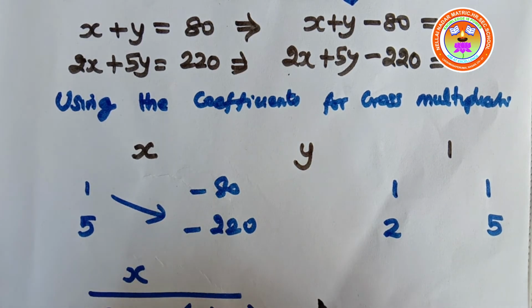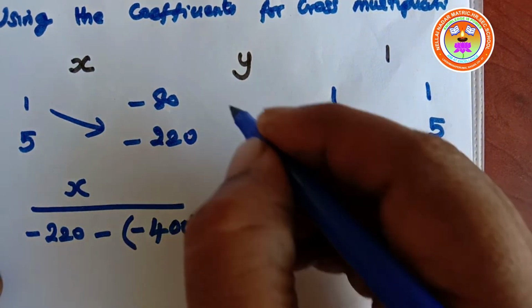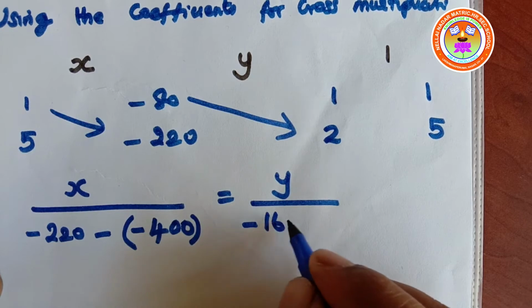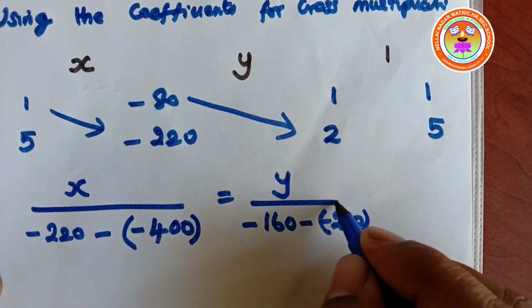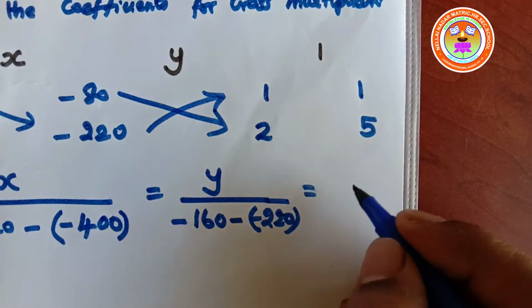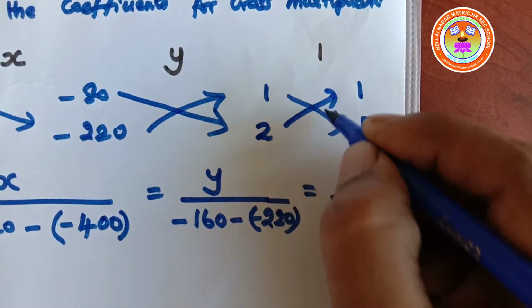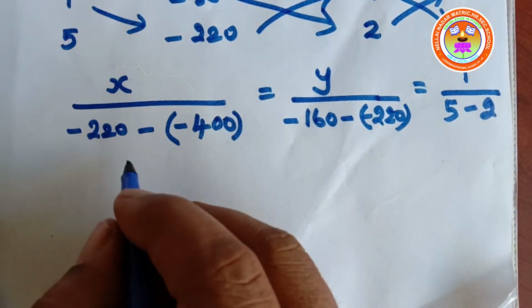That is equal to y divided by minus 80 into 2 is 160, minus of minus 220. It's clear children. Next, 1 into 5 is 5 minus 2 into 1 is 2. Now you can simplify.